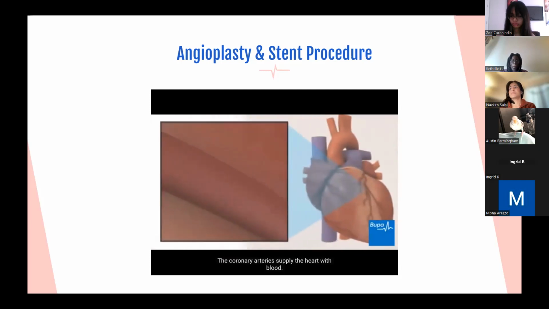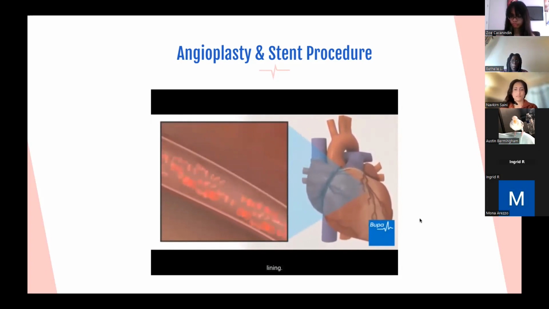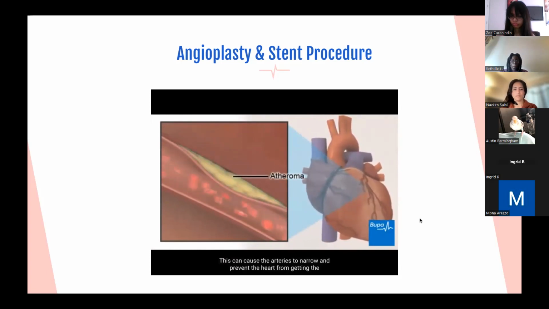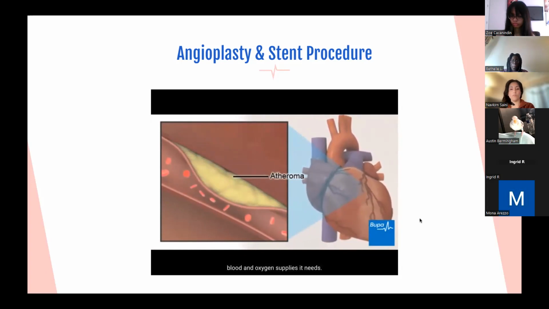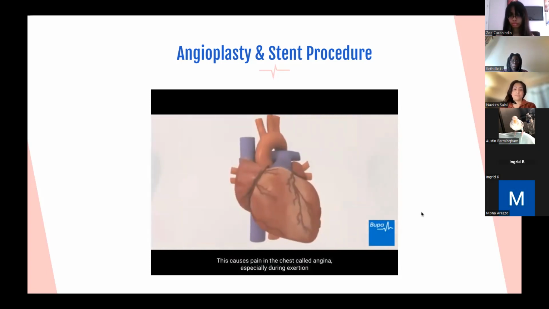The coronary arteries supply the heart with blood. Over time, fatty deposits can build up and form a plaque or atheroma on the artery lining. This can cause the arteries to narrow and prevent the heart from getting the blood and oxygen supplies it needs. This causes pain in the chest called angina, especially during exertion or stress.